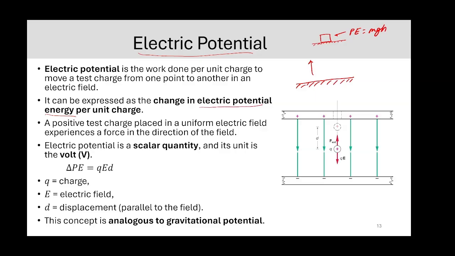If we look at the electric field here in the figure, we have a positive charge on the top denoted by this plus, and then we have a negative charge here denoted by minus, and they are parallel to each other. If they are parallel to each other, the electric field lines are just straight lines going from positive to negative.